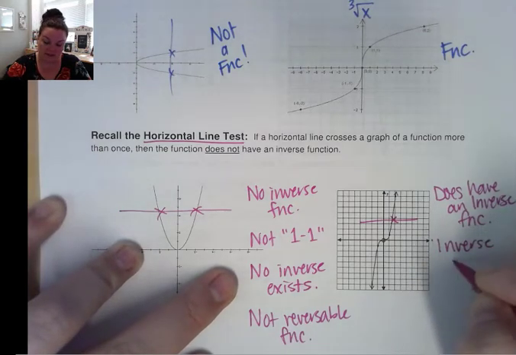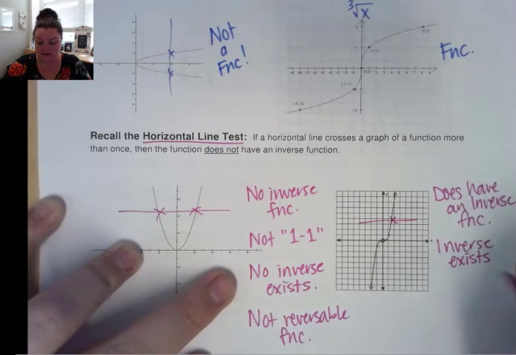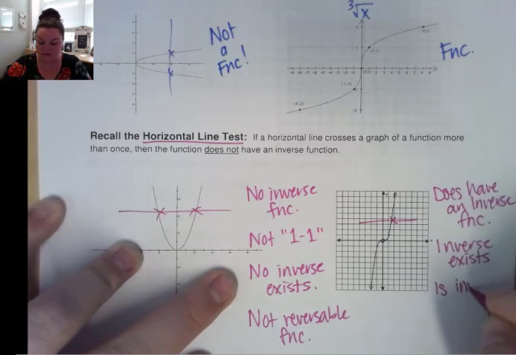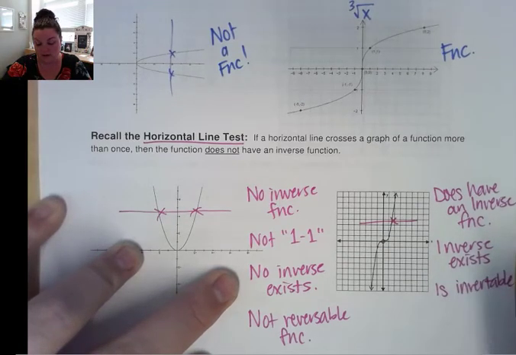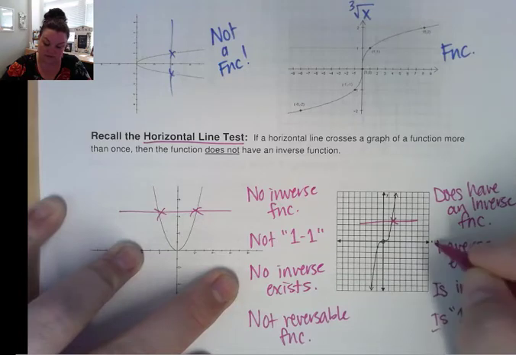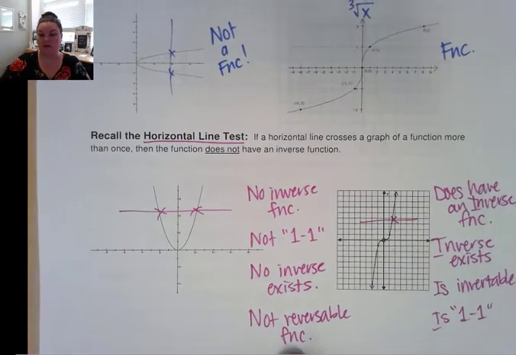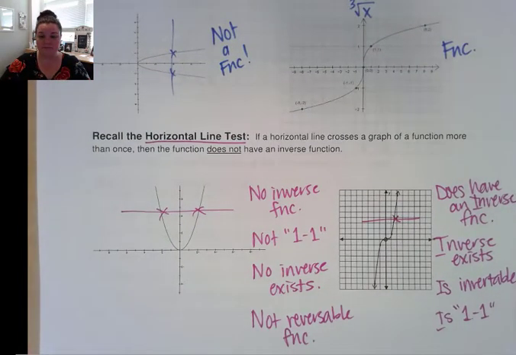Or you might see something like inverse exists, right? Or you may see the verbiage, it is invertible, okay? Or you may see it is a 1-to-1 function, okay? So any of these ways of expressing it, I want you to be familiar with, okay?